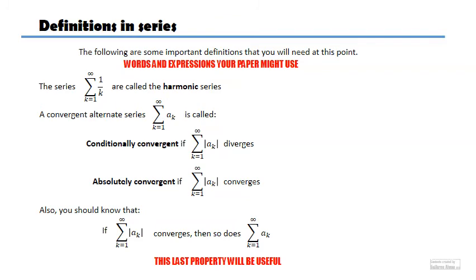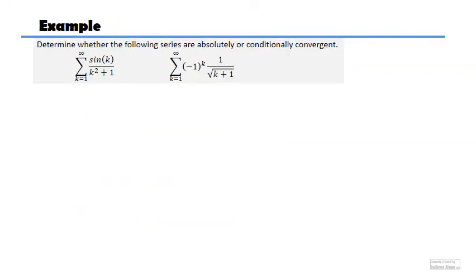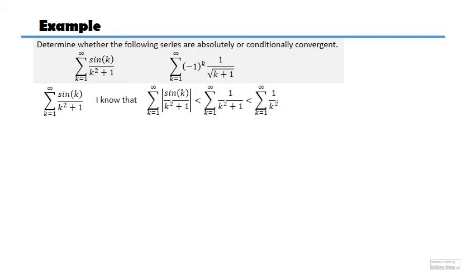So here's an example. I have these two series here. Let's determine whether they're absolutely or conditionally convergent. Let's start with the first one, the sine. Now, I know that the absolute value of this thing, because the sine is a value between -1 and 1, is going to be smaller than 1 over k squared plus 1, which is smaller than 1 over k squared. So it's a p series, this one here, and I know that this one converges.